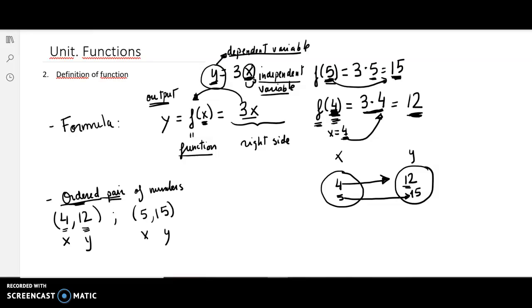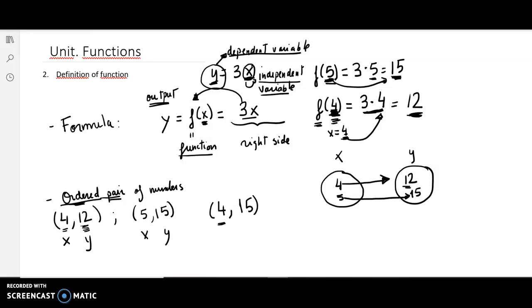So this is also a function. What is not a function is to repeat the x, and for the y, if I write a different number from the 12, for example, 15, okay, this is not a function because the 4 is repeated. The 4 is twice.